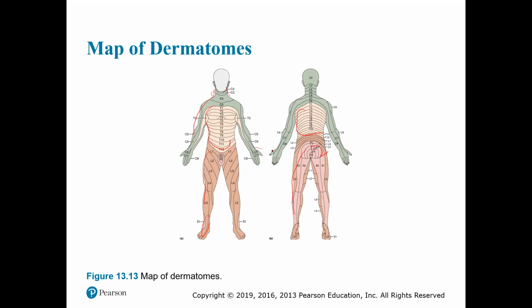So if you have an injury, like say to the C6 nerve root of the brachial plexus, you could have weakness in a muscle like the palmaris longus, or you could have numbness in this dermatome distribution. So the dermatomes are about sensation, right? This is sensory only, this is not motor. But you could have both, because remember the cervical 6 nerve root, or any nerve root, has both motor and sensory.